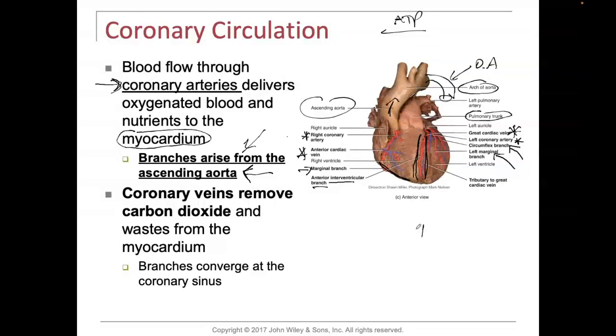That groove is called the interventricular sulcus. A sulcus is like, if we're looking at the surface of the heart, it's this depression. That's the sulcus. So in this valley, that's where this blood vessel travels. The anterior interventricular, it's sometimes called the left descending artery. They're both interchangeable.